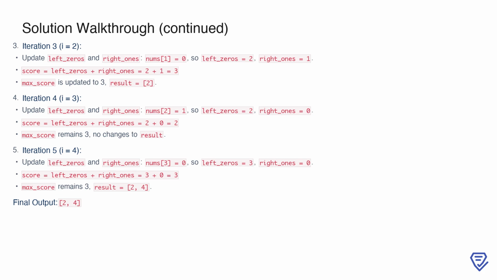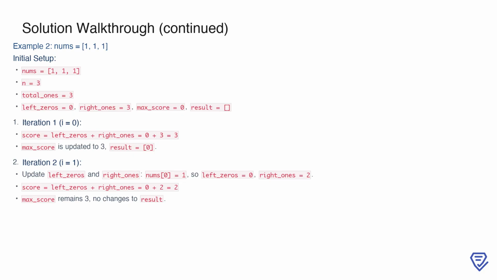Finally, in the fifth iteration, i equals 4, processing nums[3] equals 0 increases left_zeros to 3 while right_ones stays at 0. The score is 3 plus 0 equals 3, which matches the max_score. Therefore, we add 4 to the result, making it [2, 4]. The final output for this example is [2, 4].